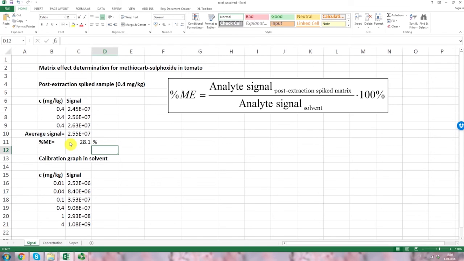In this case we have a very strong ionization suppression. Almost 3/4 of the signal that is present in the calibration graph is suppressed by the tomato matrix for methiocarb sulfoxide.